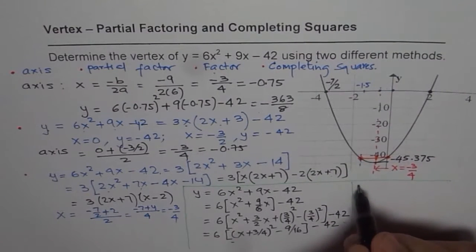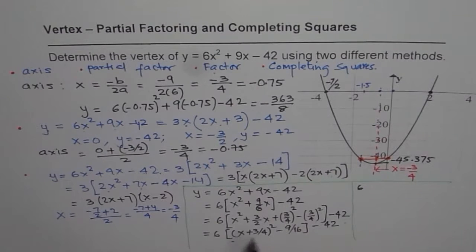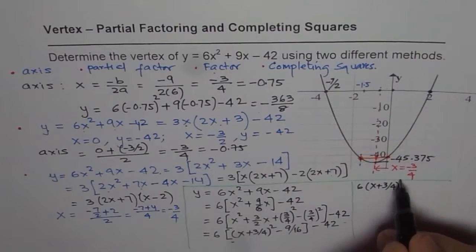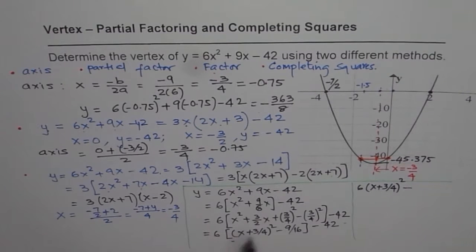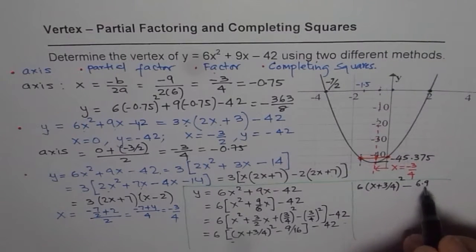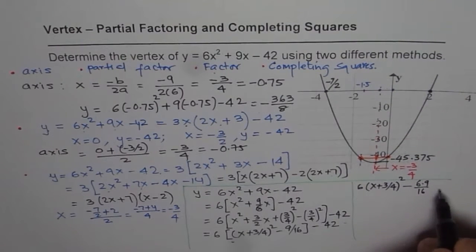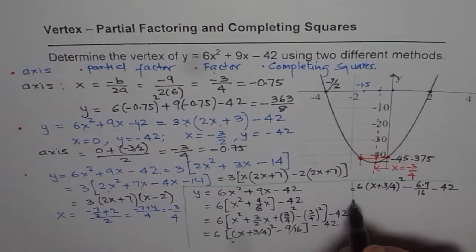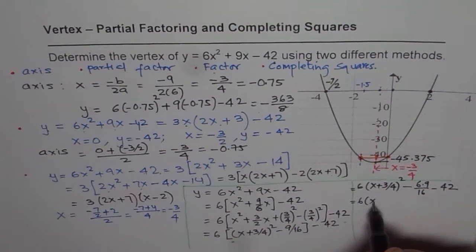So what we have here is 6 times, let's open the bracket, x plus 3 over 4 whole square minus, we'll multiply this by 6, right? So what do we get? 6 times 9 over 16 minus 42. Correct. So this is equal to 6 times x plus 3 over 4 whole square.